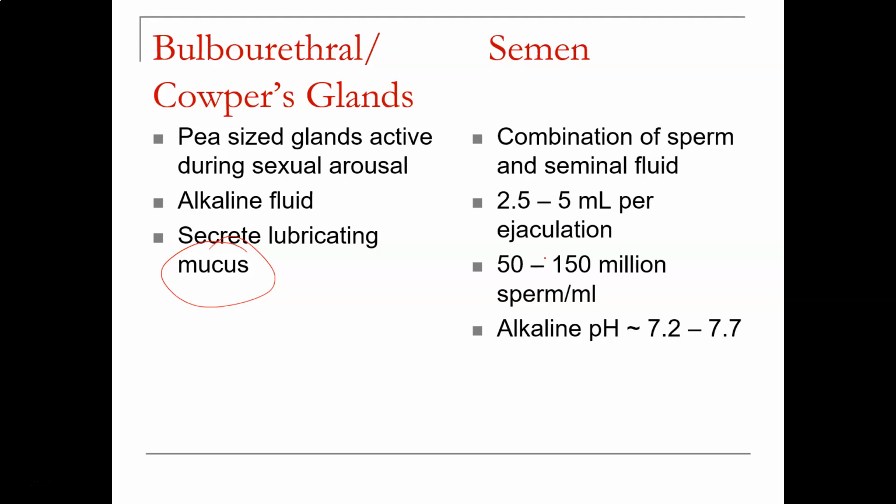And then in each milliliter, this is about how many sperm there are. So just to give you an idea of the range of how many sperm, there might be 250 to 600 million or so sperm in an ejaculate.